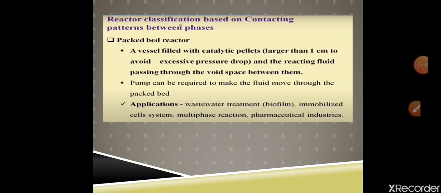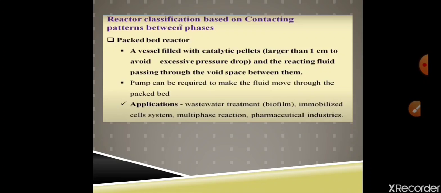Now we have the packed bed reactor. This is a reactor configuration based on contacting patterns between the phases. I told you that phases means we may have the presence of two phases, solid and liquid.